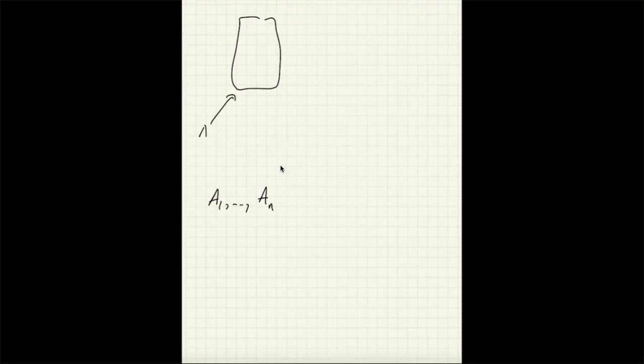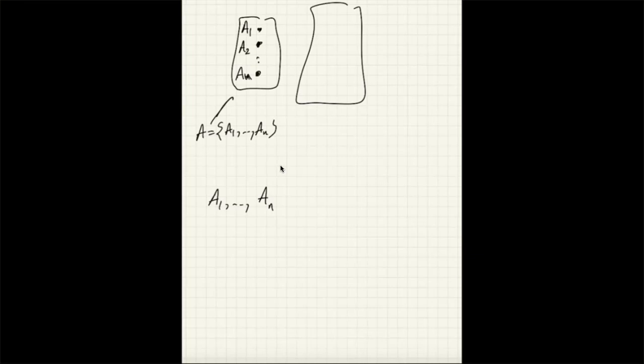We put here the sets A1, A2, ..., AN. These are the vertices. So the vertices in A are the sets A1, A2, ..., AN. And in B, we take the union from i equals 1 to N of Ai, so the union of all the sets A1 through AN. These are all the elements x, where x belongs to A1 union ... union AN.